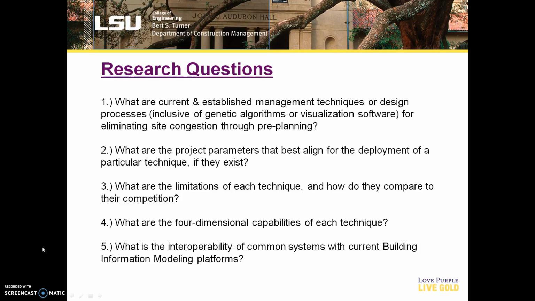The most critical component for the four-dimensional capabilities of each technique, as defined by myself, is the ability to forecast into the future and to be able to interpret a project schedule along with material orders and personnel and equipment movement to define where congestion may occur at what stages of the project.